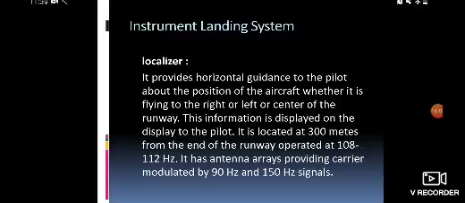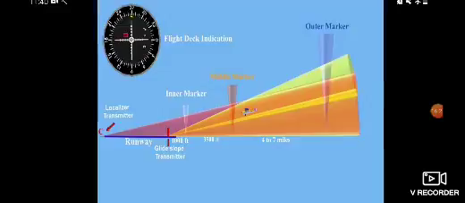That means whenever it is landing on the runway, it will notify you whether you are flying to the right, left, or center of the runway. This information is displayed on the display to the pilot, and it is located 300 meters from the end of the runway. You can see this one.